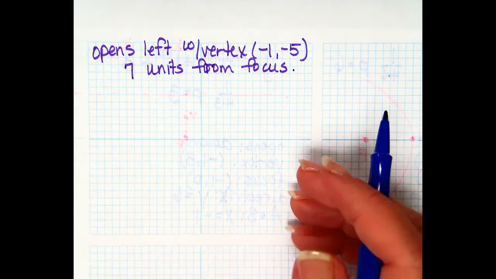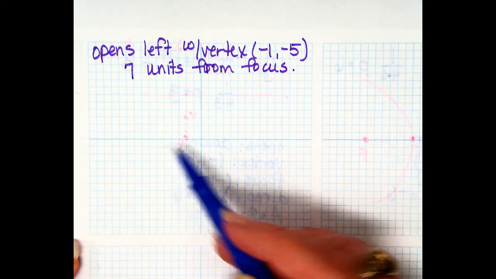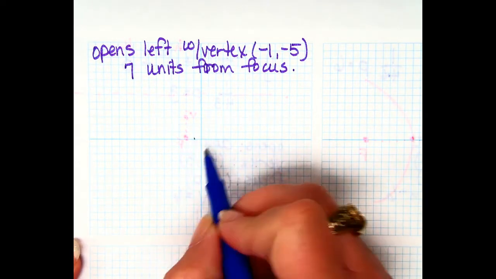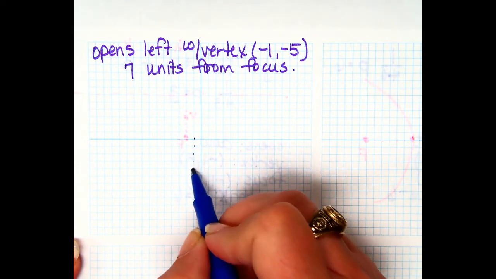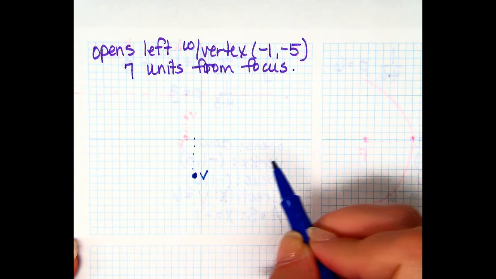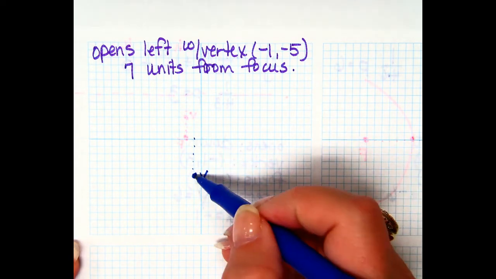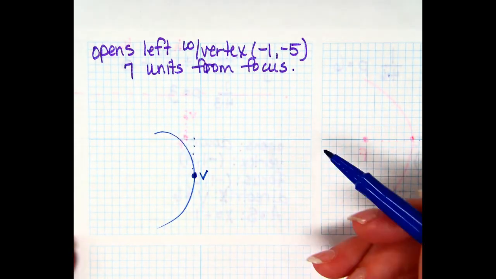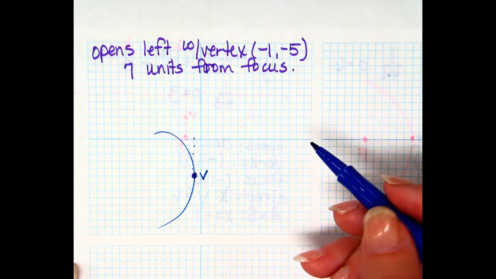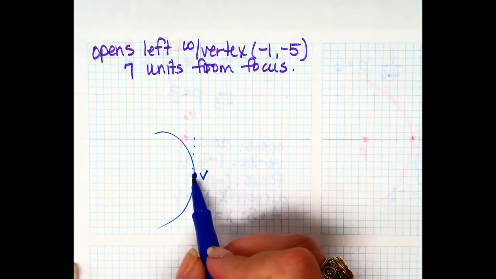Okay, well, you know me being a visual learner, I want to see what that looks like, right? So -1, -5 is the vertex, and it opens left, and the focus is 7 units away. So where's my focus? What direction?